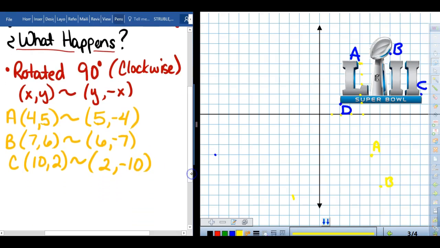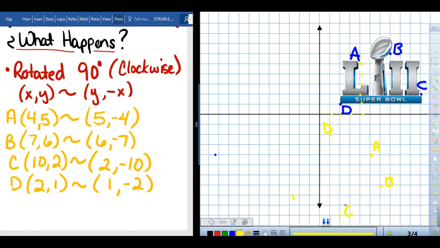And then D here is 2, 1. Its coordinates are going to be 1, -2. Okay, so here's going to be D. And then 2, -10, right here. It's going to be C.